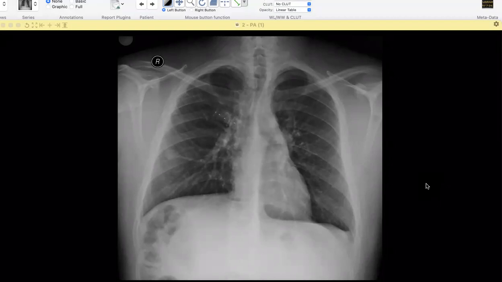I cannot see any other similar nodule or focal lesion in the rest of the lungs. The CP angles, retrocardiac regions, cardiac and diaphragmatic silhouettes, bones, as well as soft tissues appear unremarkable.